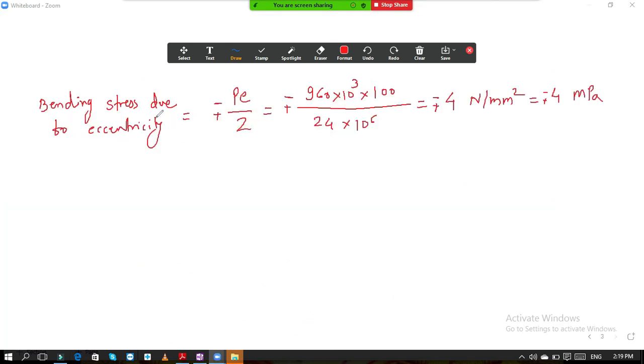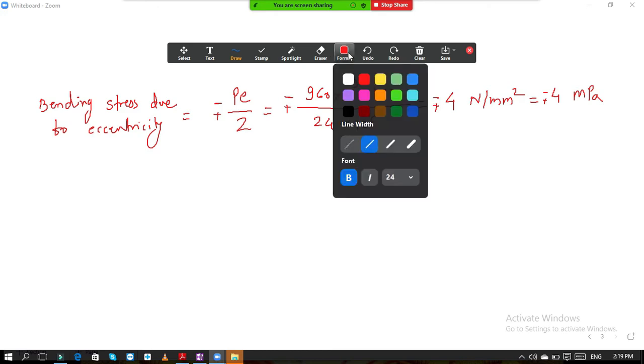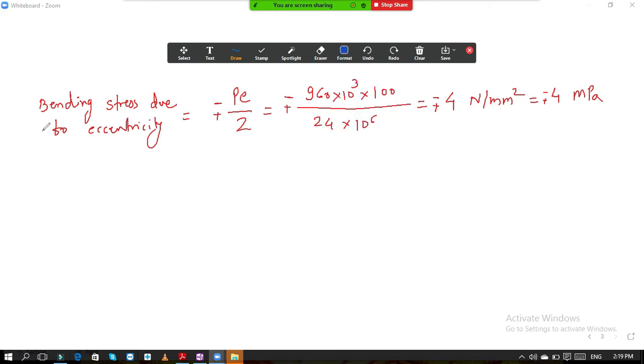So now moving further, in the examination also you should write like this if it is not given: dead load and live load are not specifically mentioned.